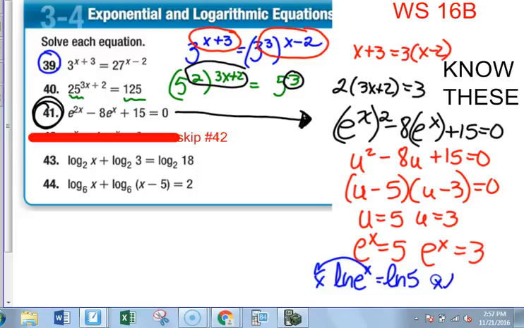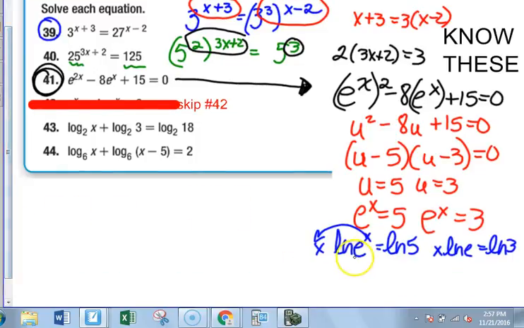And here, same thing, x ln of e equals ln of 3. Or you can just think about it as rewriting. I'm just taking the log of both sides. Okay. So I have x equals ln of 5 or ln of 3.